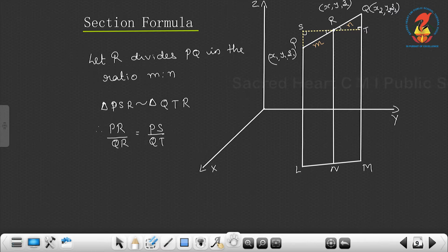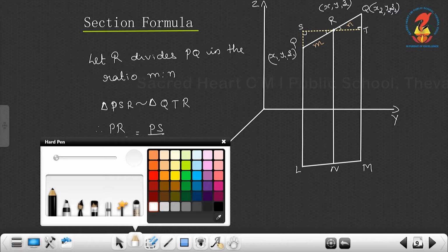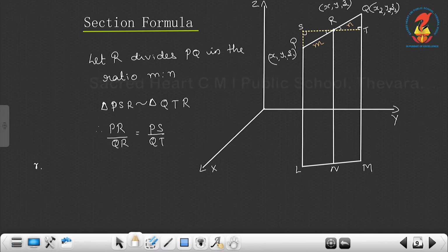So the corresponding parts are proportional. Now what is PR? PR is m and QR is n, so m by n is equal to PS by QT.